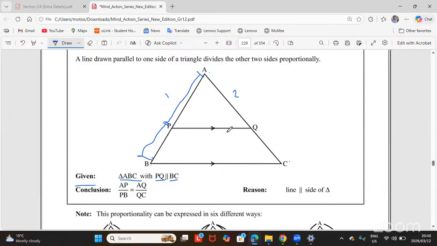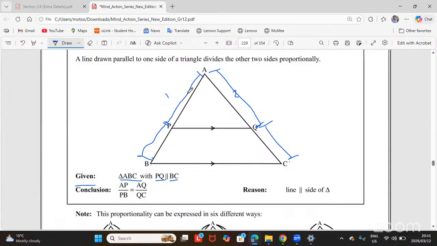You do the same thing on line 2. You go from point A to the point where we have drawn that line parallel to the third side of the triangle, Q. Now we go again from Q to C. Now we have divided those sides. This is how the proportionality theorem works.